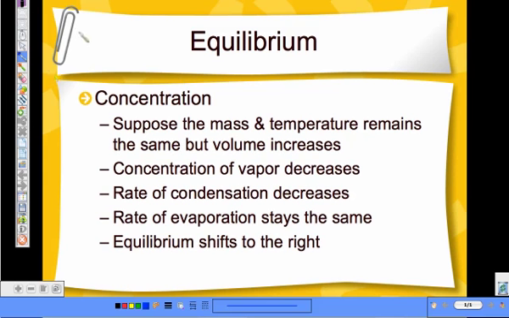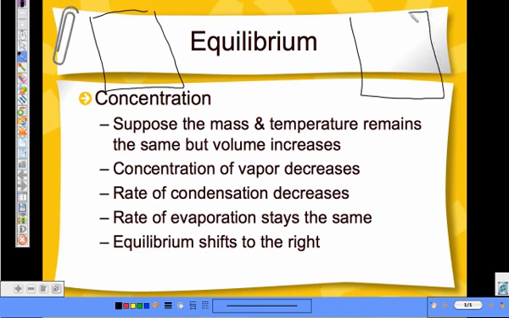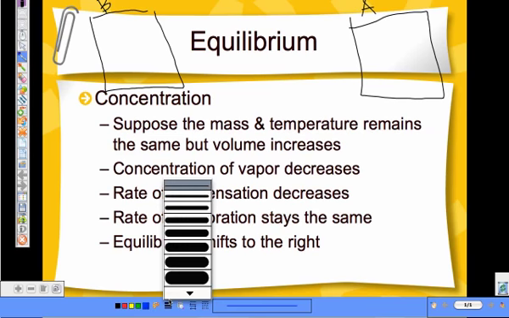Okay, so let's draw a beaker of water. I'm going to make this beaker black. So here's our beaker. I'm going to draw two beakers. So this will be before, and this will be after. So let's say before we have some water.